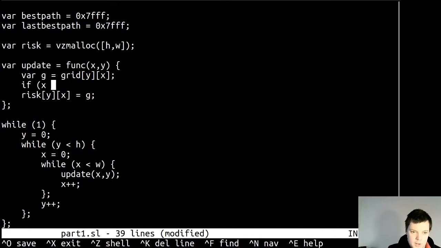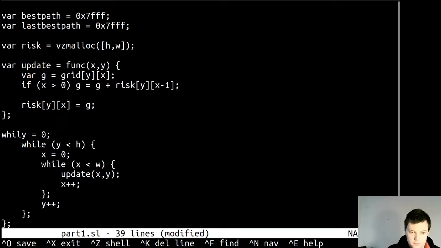And if x is greater than 0, then g is g plus risk yx minus 1.